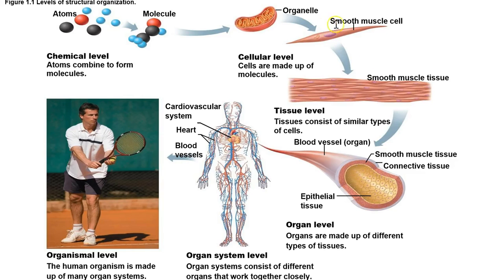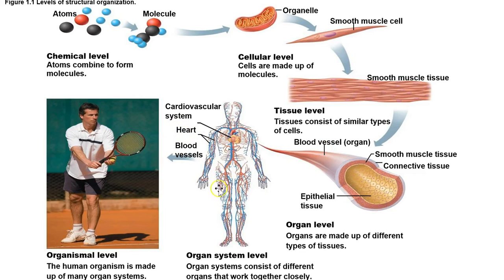So we have muscle as a cell and also muscle as a tissue, smooth muscle tissue. Then two or more types of tissues together can make an organ, like a blood vessel. And blood vessels and heart together can make a system, the cardiovascular system.